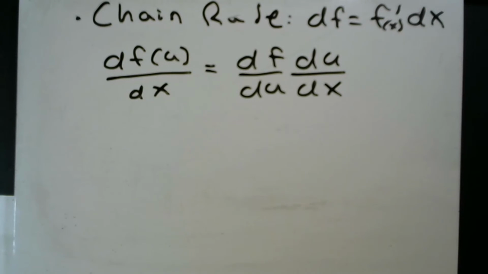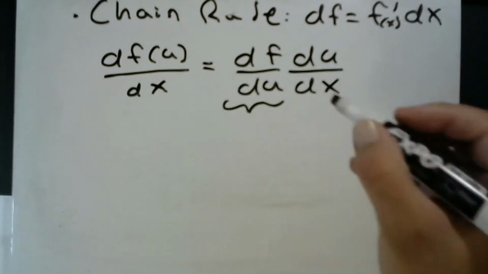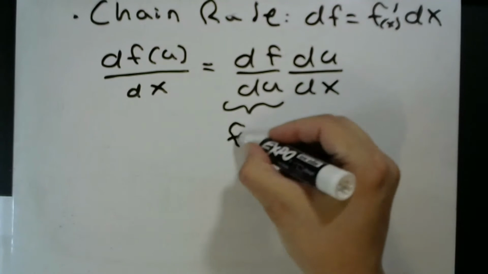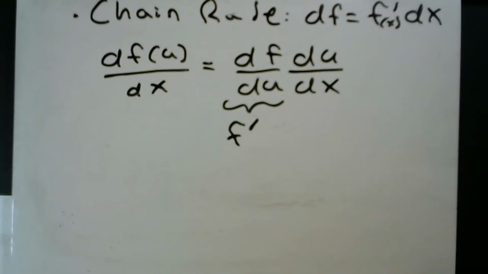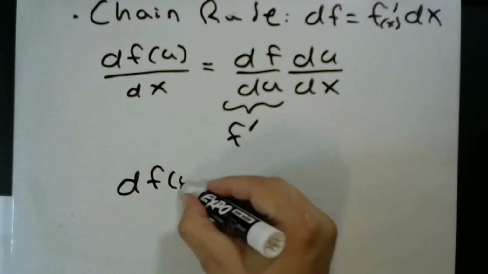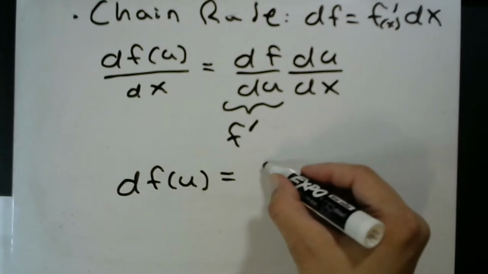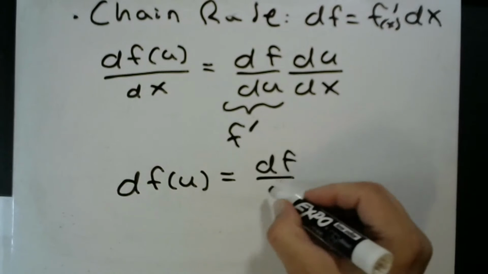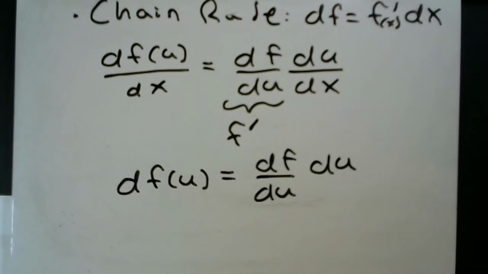And so what this is going to become, this here is going to be our f prime. That's right here. So what this will be, it'll become df du times du.